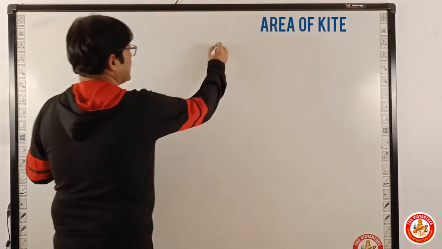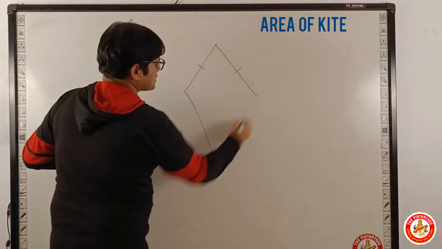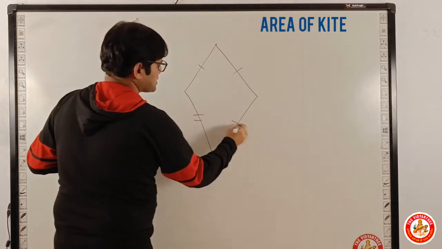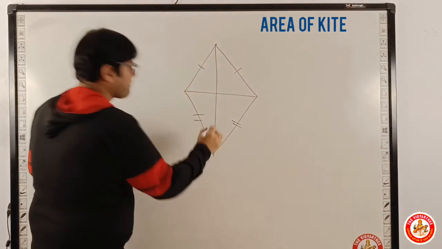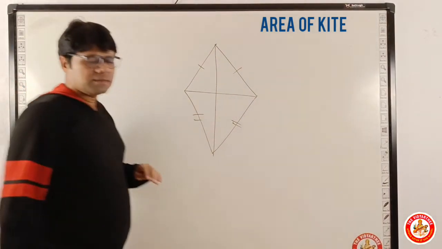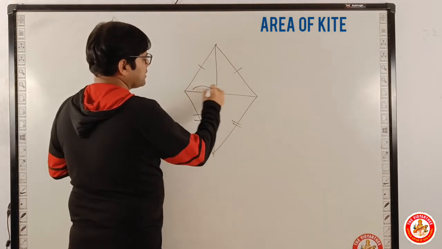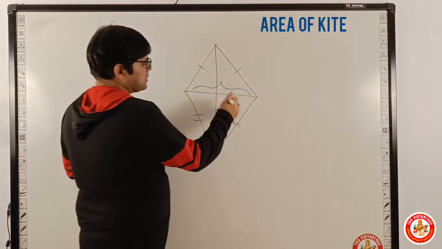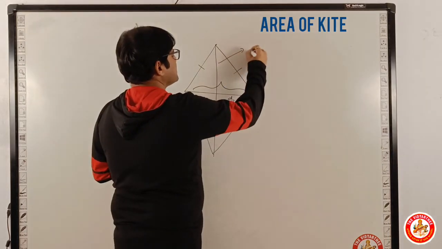So for a kite, you know these two adjacent sides are equal in length and these two other adjacent sides are equal in length. Now, to find out the area of a kite, we need to know all the dimensions including the diagonal D2 or the diagonal D1.